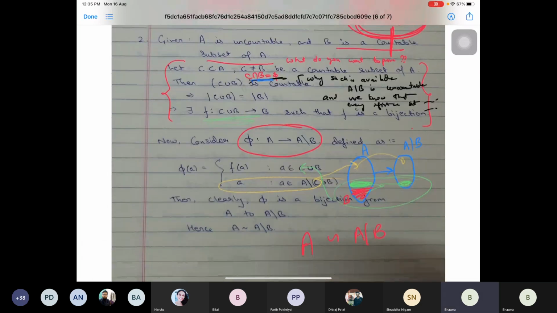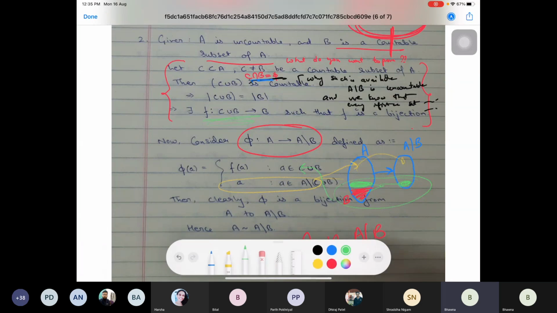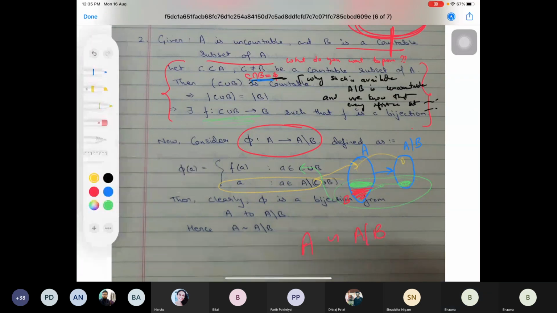What we want is to create a bijection between A and A minus B. This is what I want.